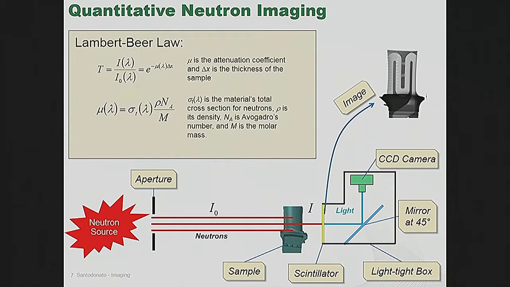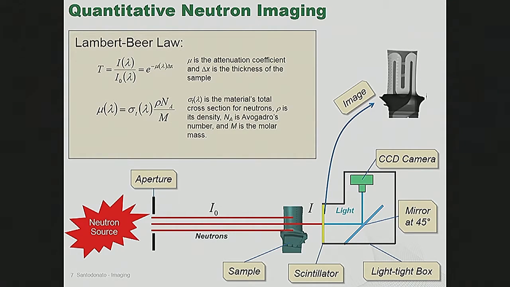There we go. Okay, we want to go beyond just getting images, and getting pretty pictures, you might say. So, quantitative neutron imaging: the key factor here is the transmission, just the ratio of the transmitted to the incident beam, which is going to follow an exponential law.